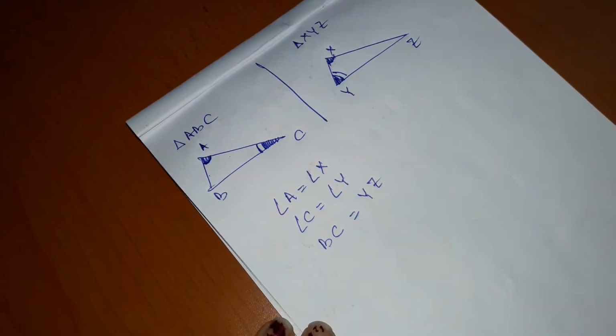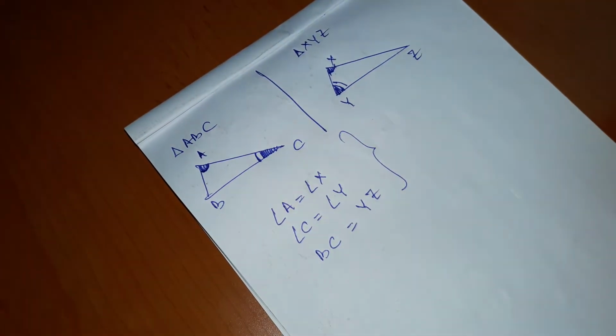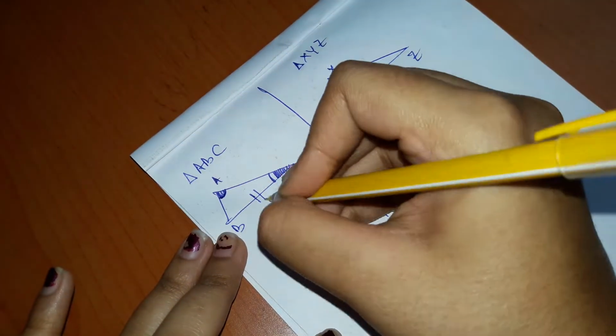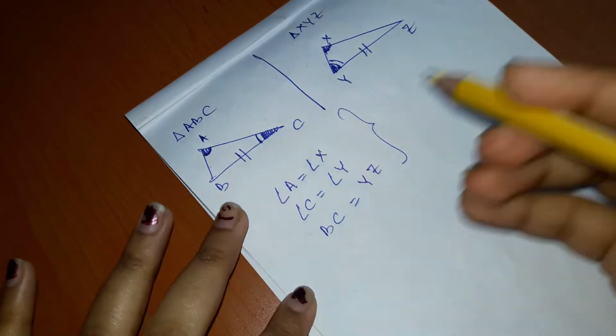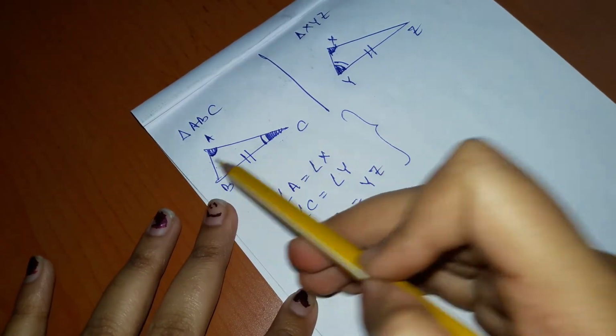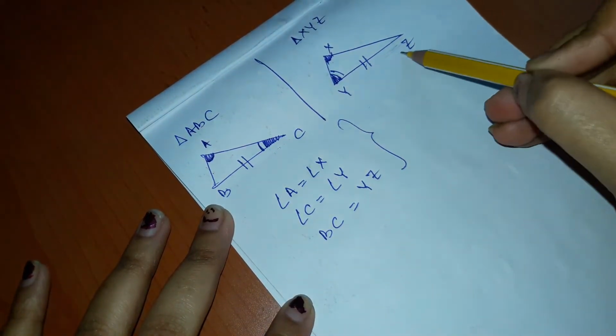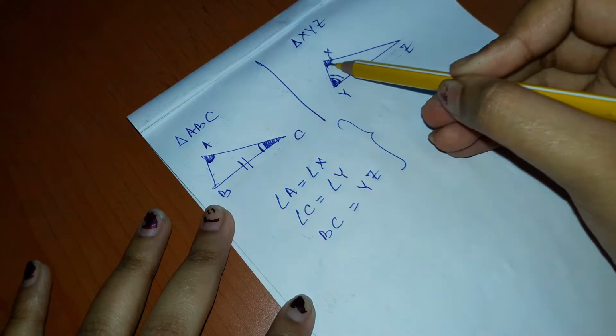In this information, you can clearly see that BC is equal to YZ, so this side is not the side in between these two angles. Similarly, this side YZ is again not the side in between these two angles.